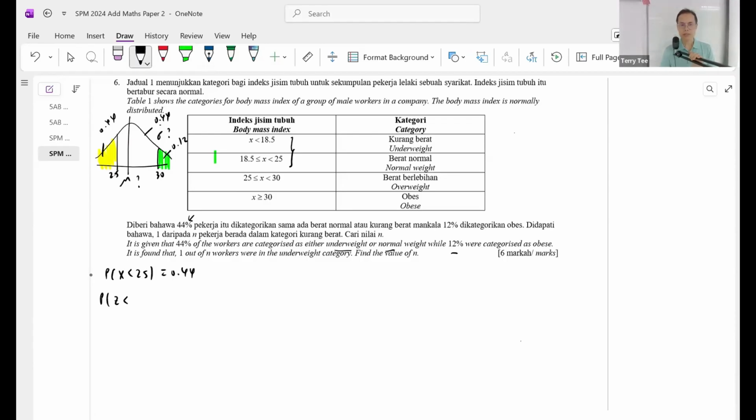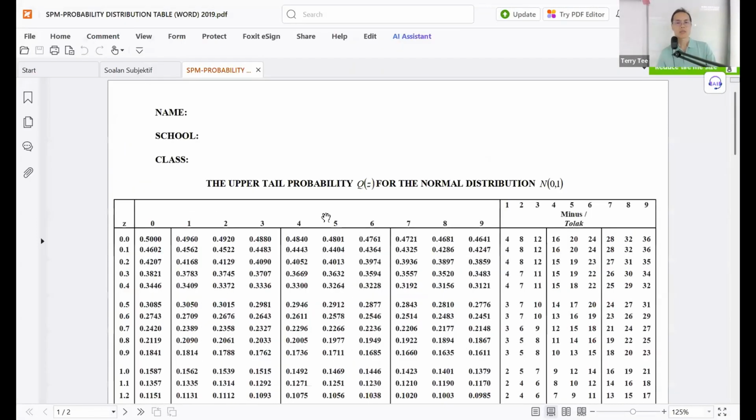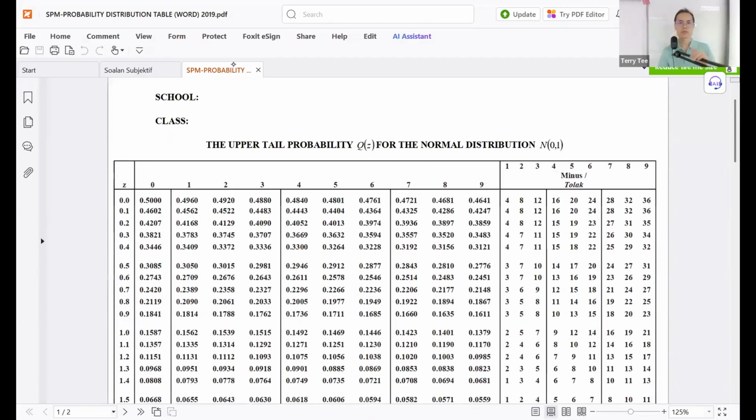Now remember the formula for standardization: you minus your mean, your mean is mu, standard deviation sigma. The result is 0.44. So the moment you work backwards, you have to use a mathematical table, or if you have the latest calculator, the calculator can do the trick as well. If you don't have, we use this table here, 0.44, slowly find. Where's 0.44?